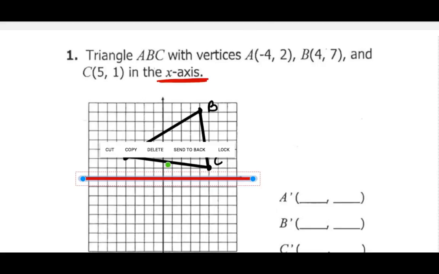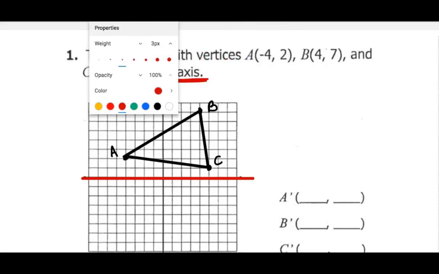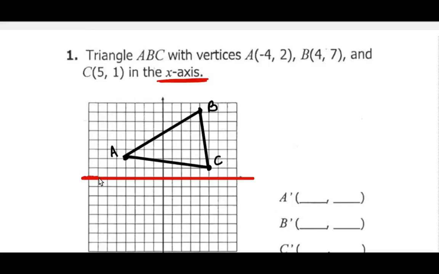I'll actually make a line of reflection on my paper. Or sometimes what I'll do is I'll do like a little squiggly line so that I know what the line of reflection is. Okay, but make yourself physically draw this line so that as you're working through the problem, you can remember where your mirror is or where your reflective line is.